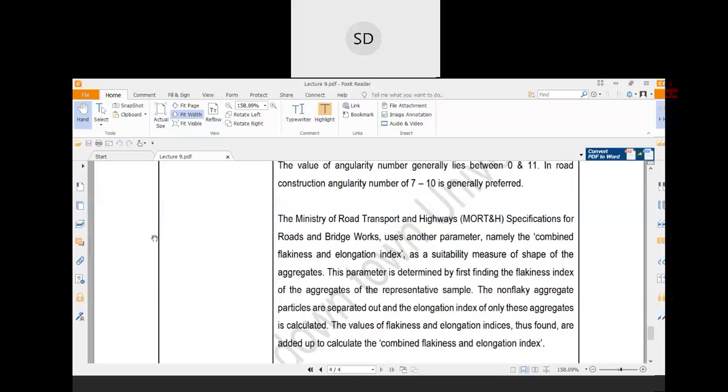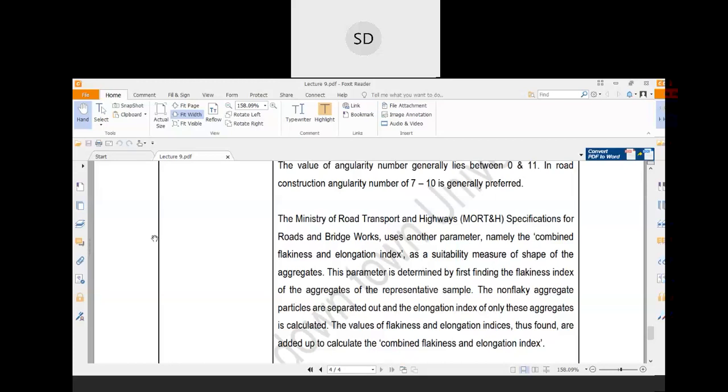In this parameter, first you have to find out the flakiness index value of a particular aggregate sample. Then the non-flaky or normal aggregate particles are separated out, and the elongation index of only those aggregates is calculated.